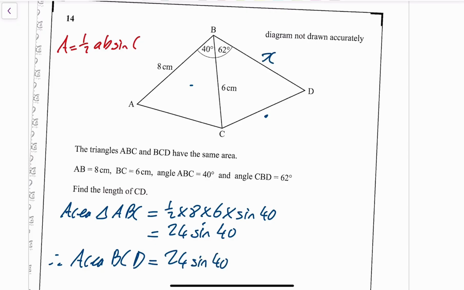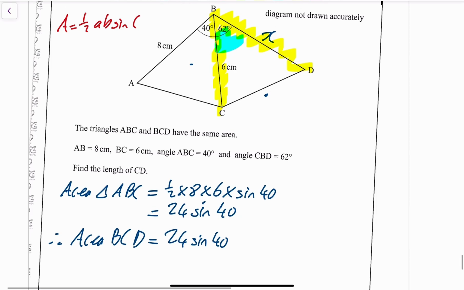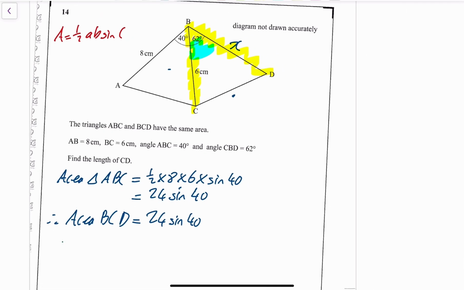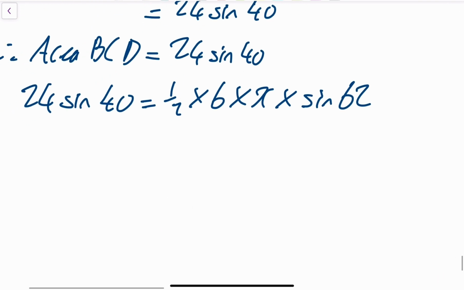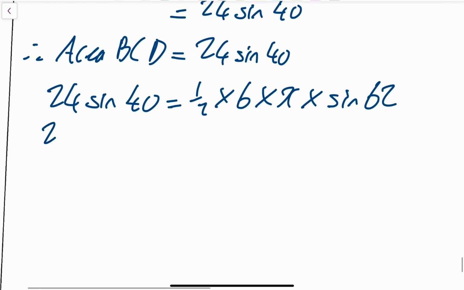Let's call this side x. Now, the reason we have to introduce this side is that there's a side, and there's the included angle. So we have to use x. I'll zoom out here for a second. 24 sine 40 is equal to a half times 6 times x times sine of 62. I'll zoom in again, tidy that mess up.